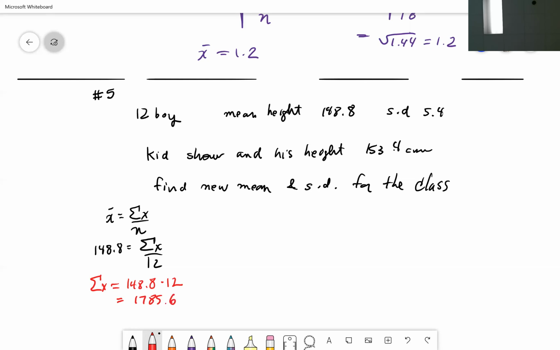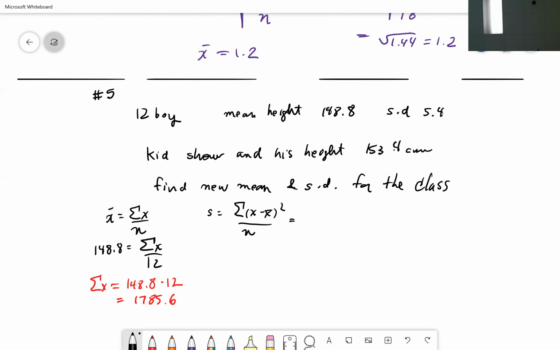Okay. Now, the next part is S equals, and in this case I have to be somewhat careful. I don't know if I should use this formula. I don't think so, because it's going to be cumbersome, but let's give it a shot anyways. S equals the square root of the sum of x minus x bar squared.